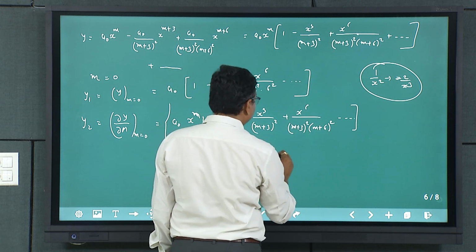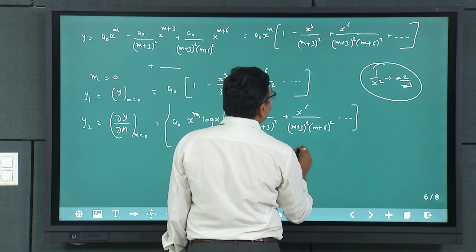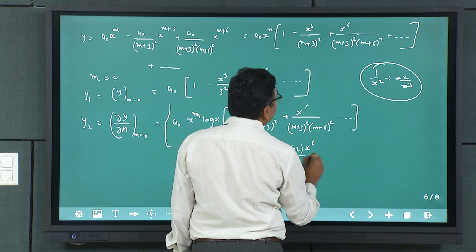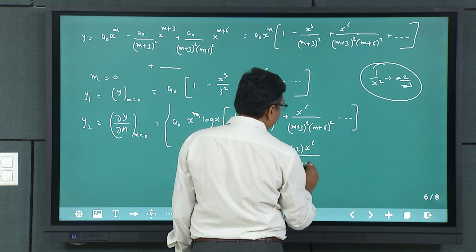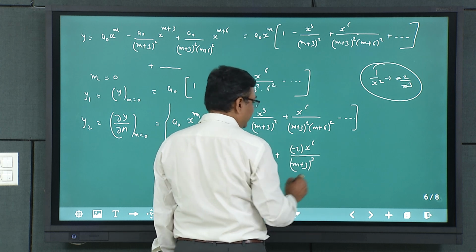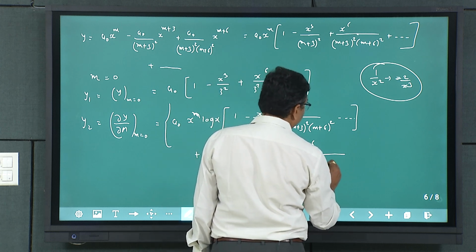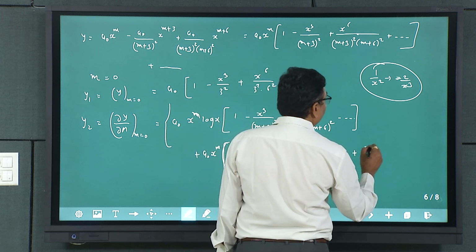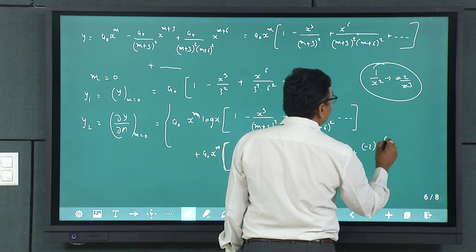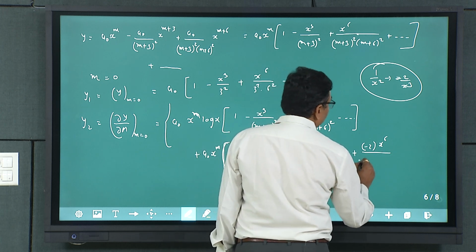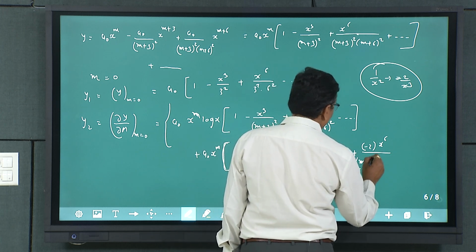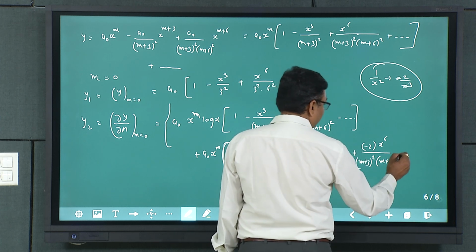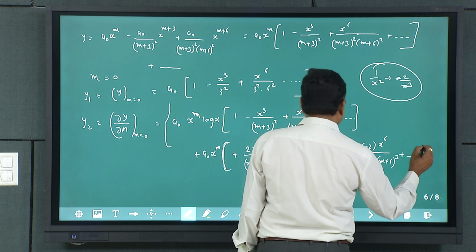Now for here plus minus 2 into x raised to power 6 upon (m plus 3) whole cube and (m plus 6) raised to power 2, plus minus 2 x raised to power 6 upon (m plus 3) whole square and (m plus 6) raised to power 3, and so on.